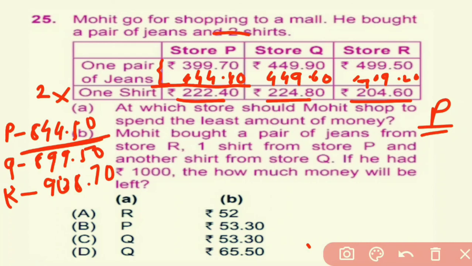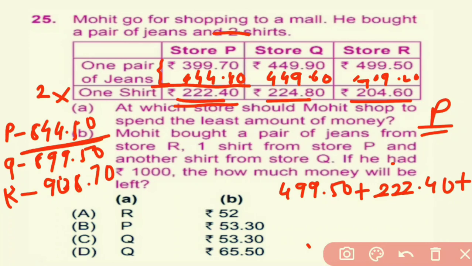Now option B is Mohit bought a pair of jeans from store R. Store R, he bought a pair of jeans means 499.50 plus one shirt from store P. One shirt from Store P means 222.40 plus another shirt from Store Q 224.80 and their addition is 946.70 and total money he had 1000 rupees.